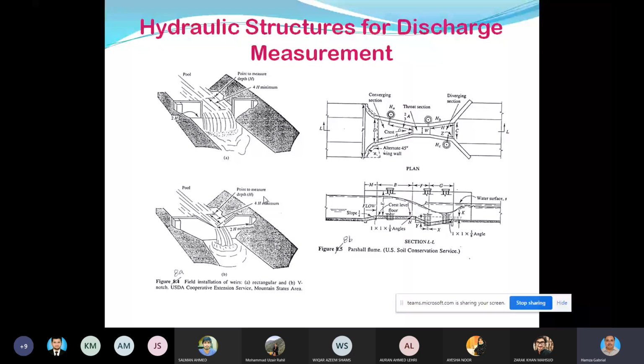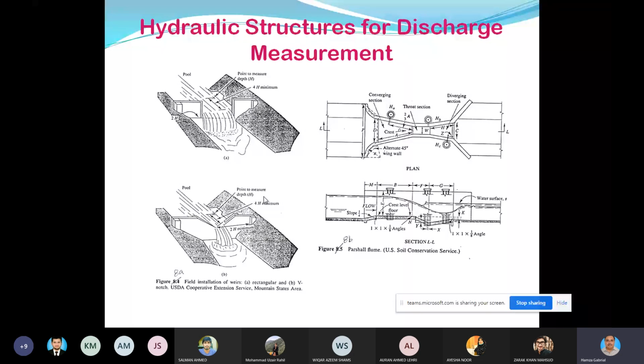All the flow of the stream will be routed through these weirs, and you can measure the discharge which is passing through these hydraulic structures. Then you can also install flumes. Various types of flumes are available, like the partial flume or the cutthroat flume or WSC, Washington State College flumes.